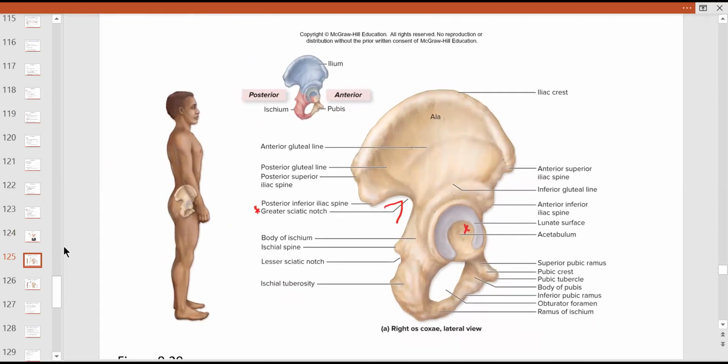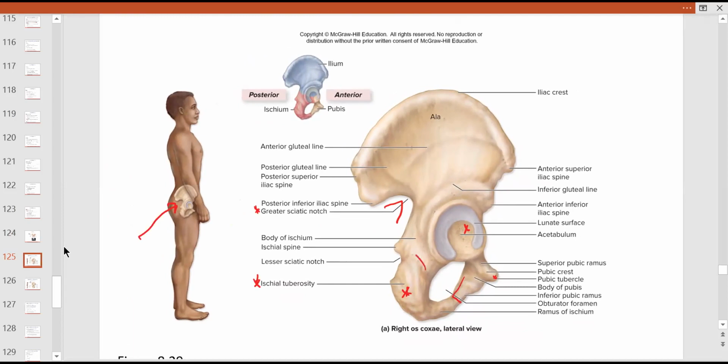Again, acetabulum. Here's the ischial tuberosity. So you can see all this is posterior. Again, it's not that easy. It's kind of unfair almost having to look at pictures instead of looking at the bones at this point. So ischial tuberosity. The pubic tubercle is actually part of the pubic bone. So you see the pubic bone comes down to about here.